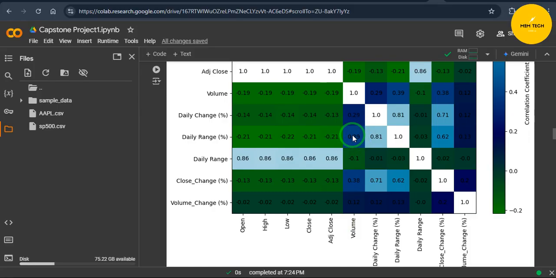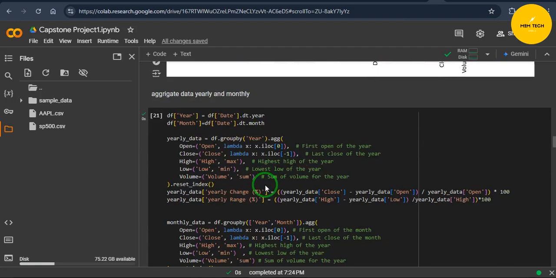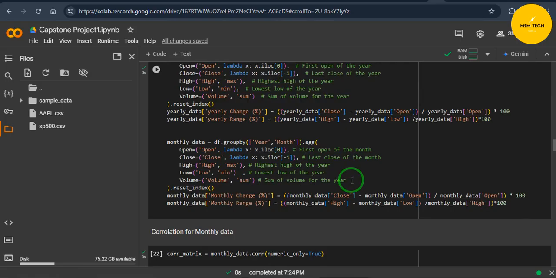Then I aggregated yearly and monthly data to identify long-term performance patterns. The first opening of the year or month, the highest high and lowest low, the last closing, and the summation of volume of the year or month. Here is the month.